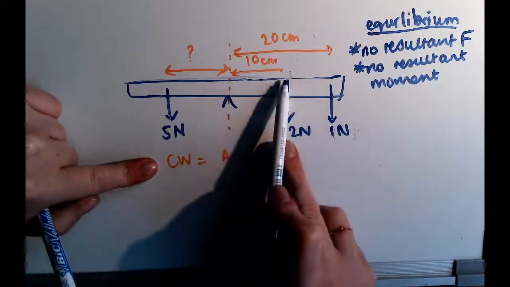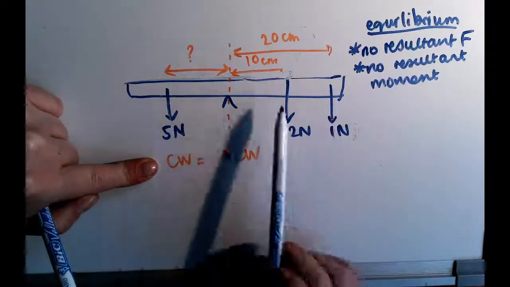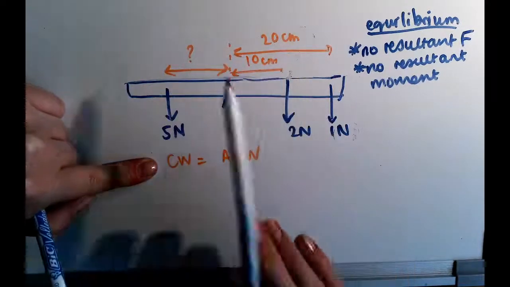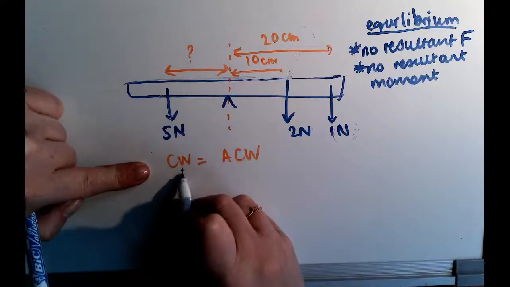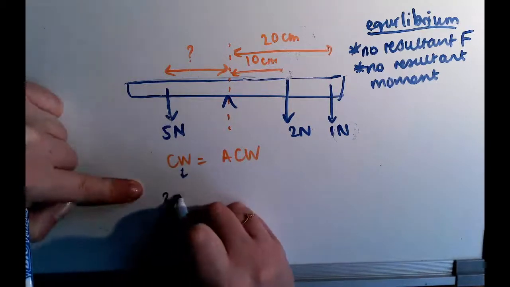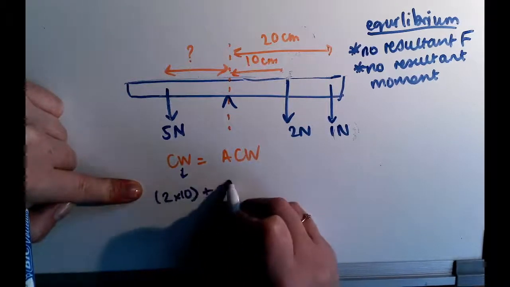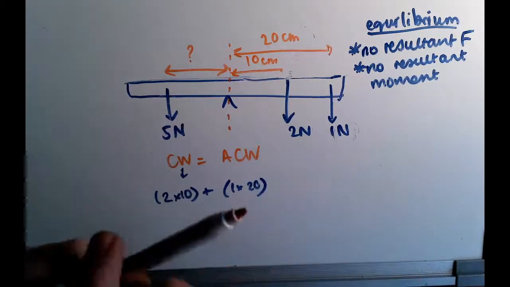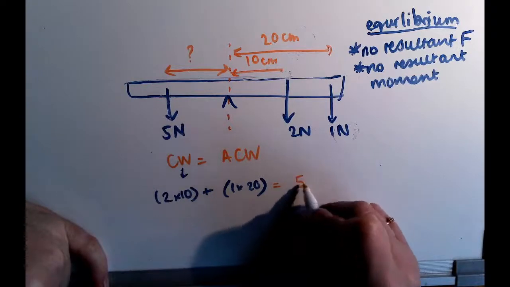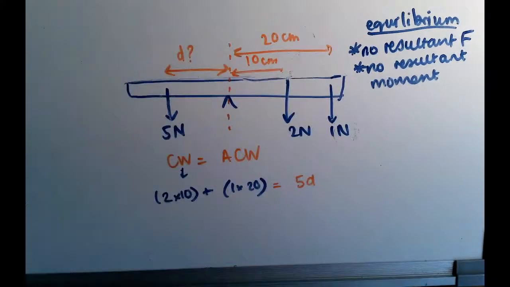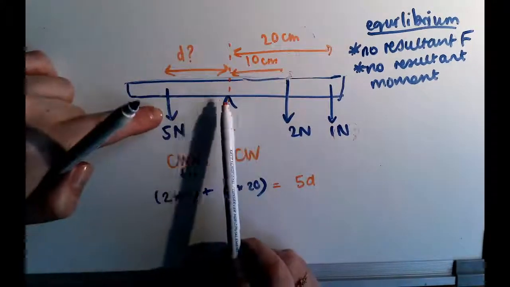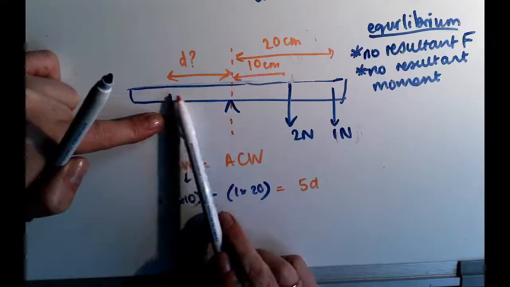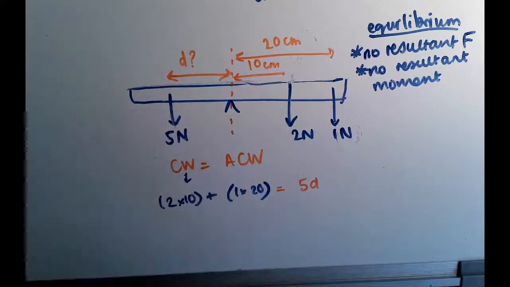We have the 2 multiplied by the 10 plus the 1 multiplied by the 20. Okay, so the total clockwise is equal to 2 times 10 plus 1 times 20. And that now has to equal 5d. Okay, because we've only got 1 anti-clockwise, so this distance is now going to be changed.